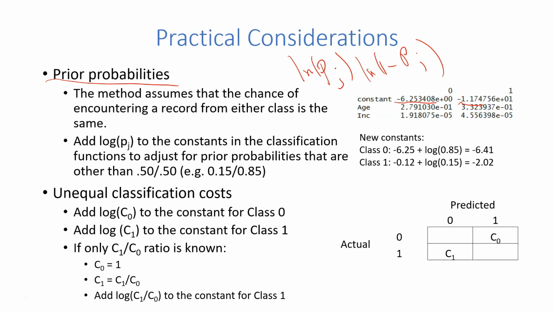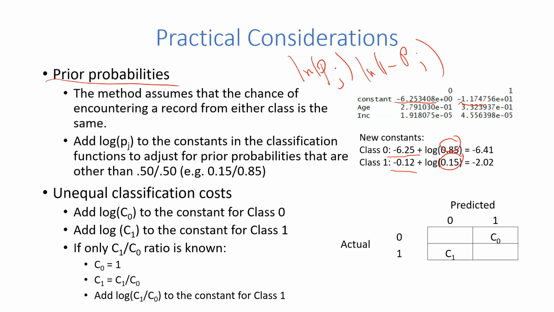To account for the prior probability of 0.85 and 0.15 for class 0 and class 1 respectively, we simply add the natural log of 0.85 to the constant of class 0 classification function, which is negative 6.25, and add the natural log of 0.15 to the constant of class 1 classification function, which is negative 1.2.